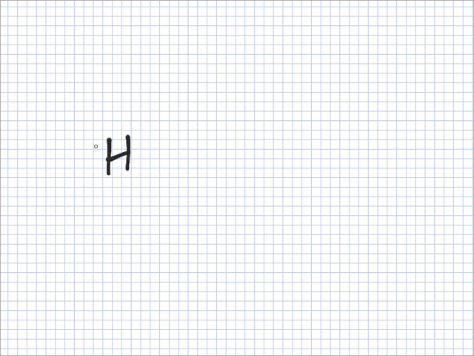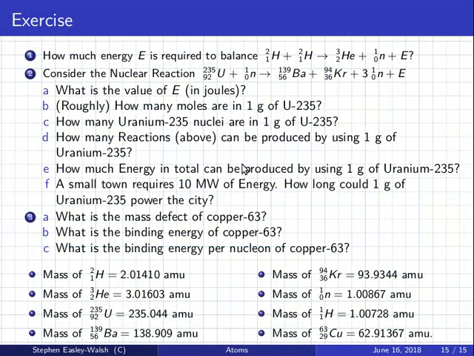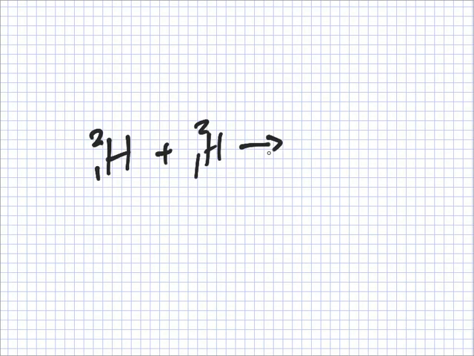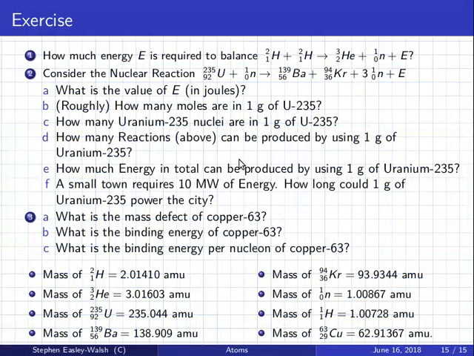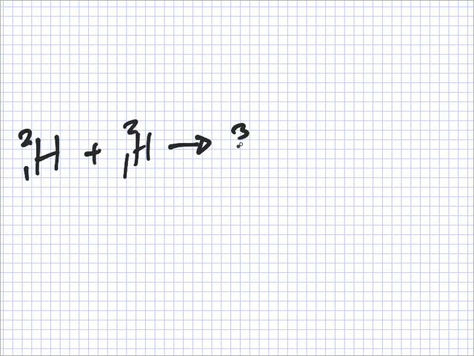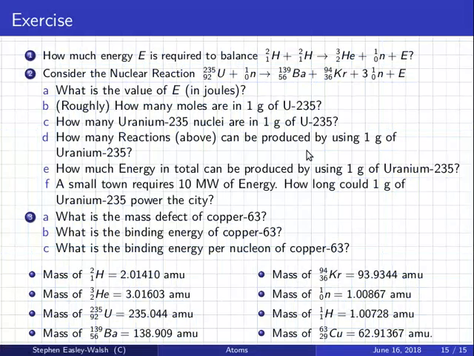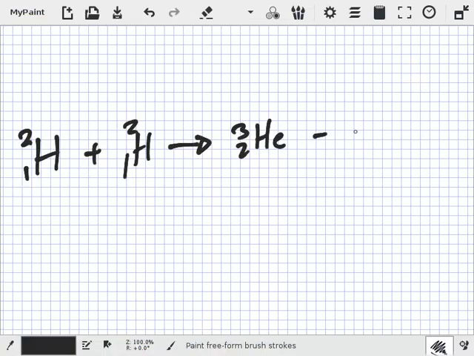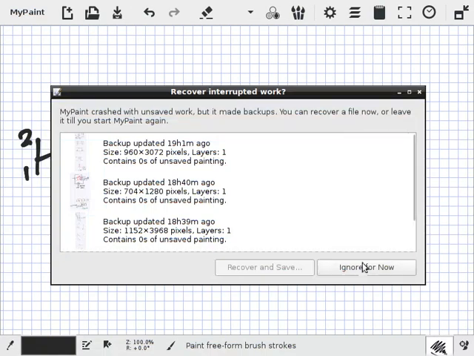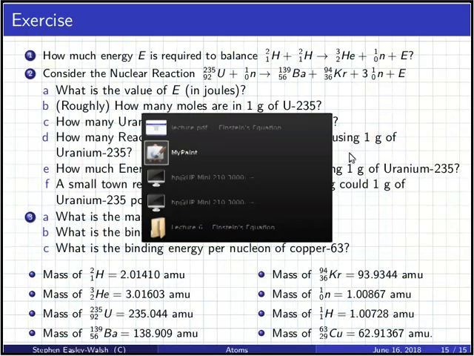There we go. H2 plus H2 becomes helium plus a neutron. Plus a neutron.